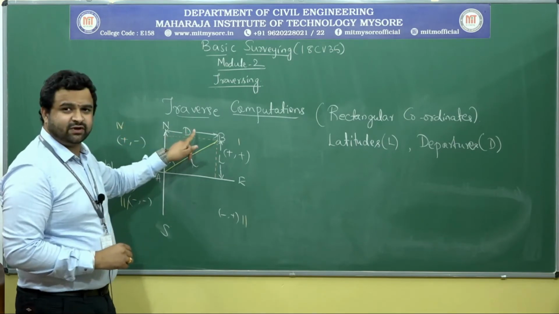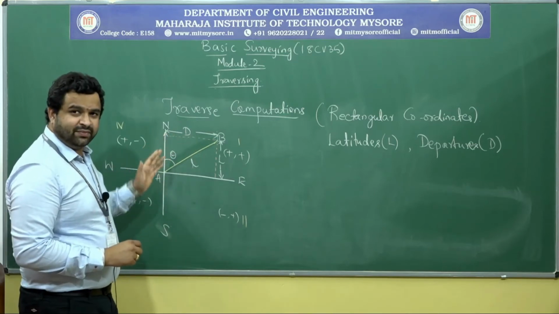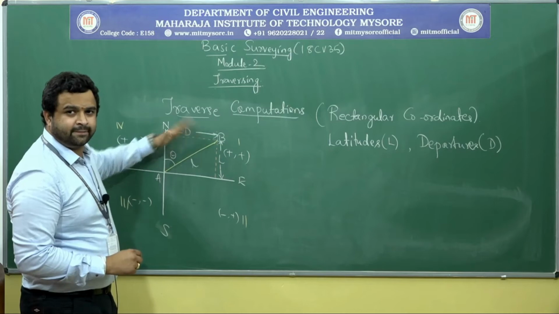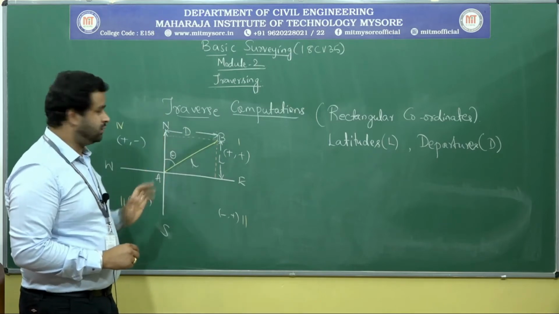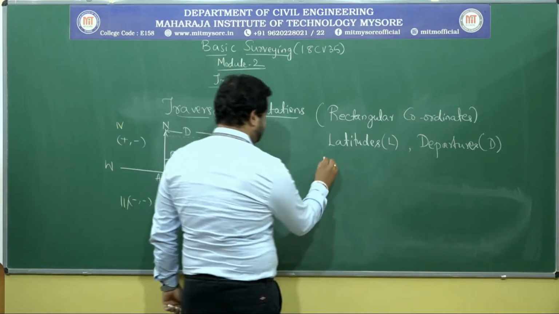Whereas, what is the departure of a survey line? The departure of a survey line is defined as the coordinate length measured at right angles to the assumed meridian or assumed direction. So, from the graph, what is L?